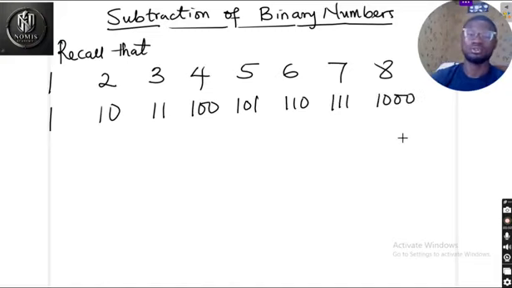So that's how it continues. In binary numbers, we do not have any other digits than 1 and 0.